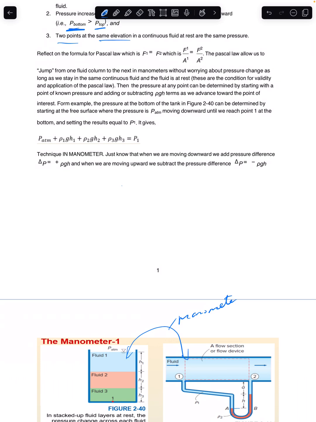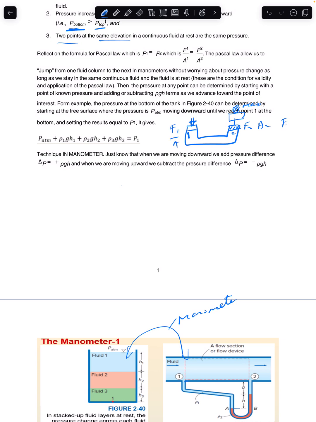So basically, a Pascal law is just something like this. You have a piston, which then a force can be applied, and you have a piston that is carrying a weight, a mass, and we have F2, A2, point 1, F1, A1.